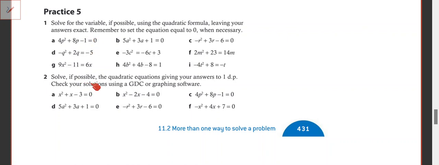Some of them, though, say quadratic equation, giving your answer to one decimal place. As soon as it says things like that, leaving your answers exact or giving your answers to 1 or 2 decimal places, you know you're not going to be able to factorize.